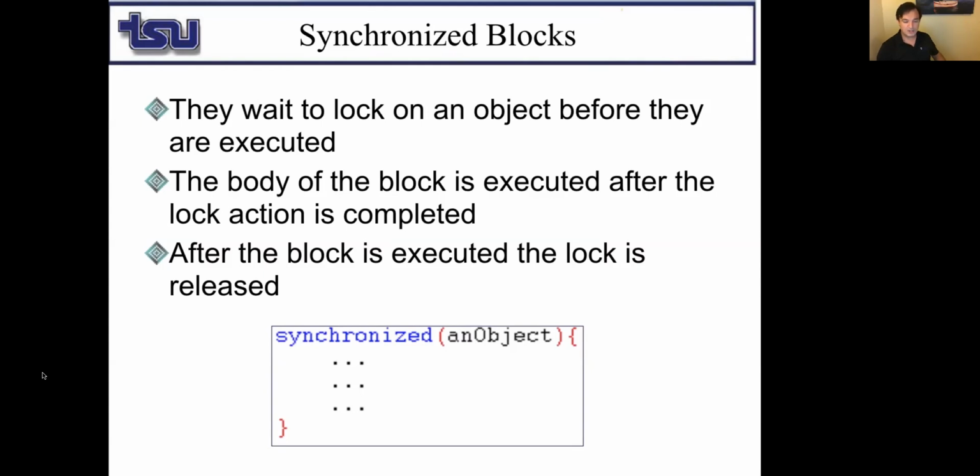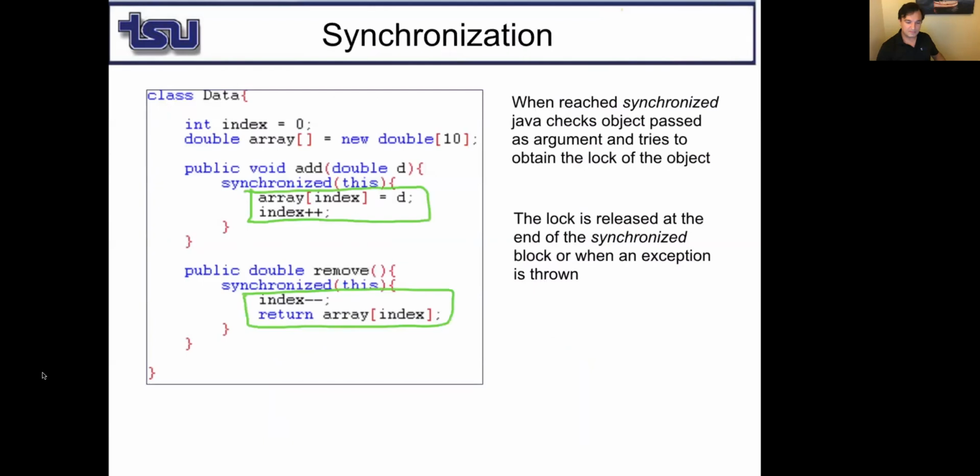This is what I tried to explain. When Java reaches a synchronized block, Java checks the object passed as input argument, which is this in this case. This refers to the caller of the add method. This refers to the object that called the add method, okay? Java checks the object passed as an argument and tries to obtain the lock of the object.